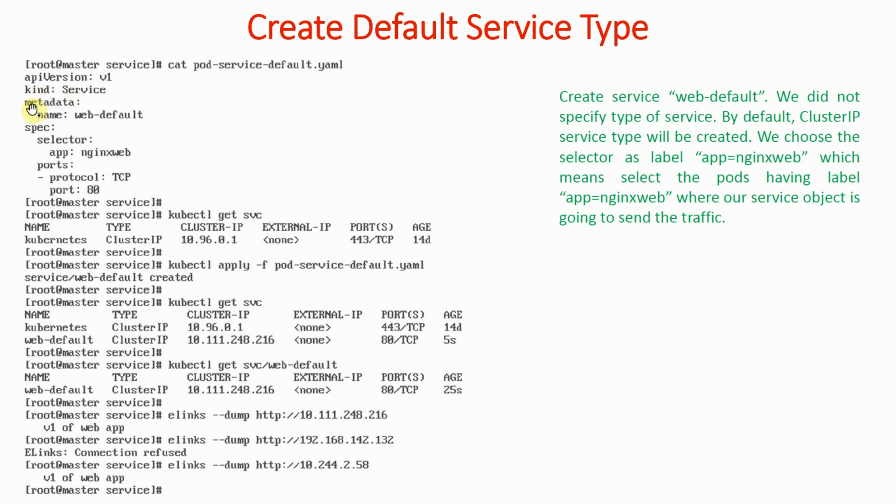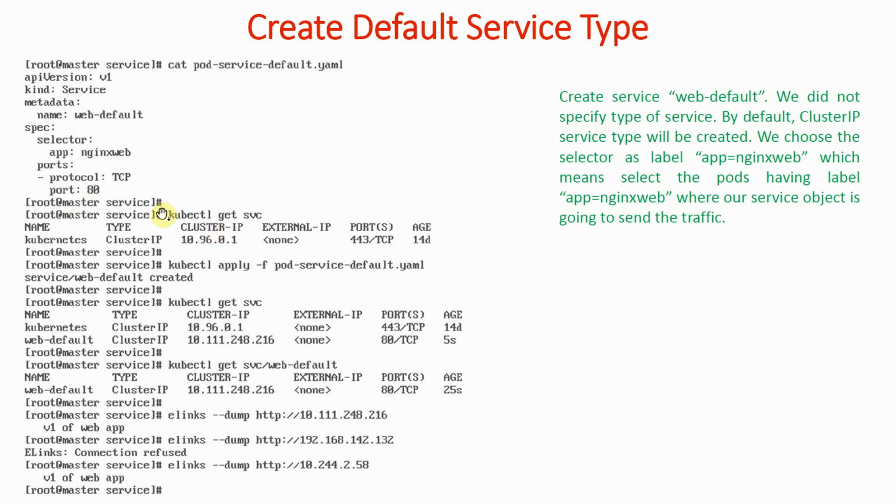API version v1, kind of object is Service, and in metadata the name of our service is web default. And the selector, this is very important. We are choosing the selector as apps equal to nginx web. So whatever pod has this label, the traffic will be sent to that pod, and protocol is TCP and port is 80.